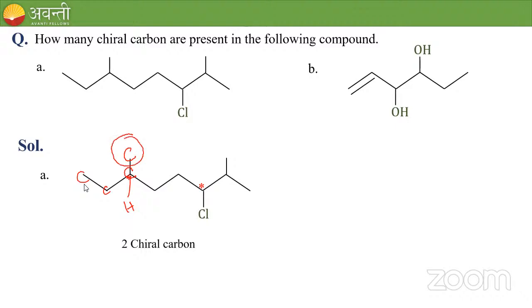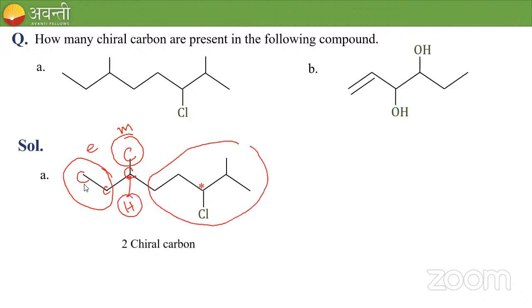This is methyl. This is ethyl. This is a hydrogen. And on the other side, we have a big compound. So 4 of them are different, right? So the carbon which I have marked by putting the asterisk is a chiral carbon. Okay. Is it clear?